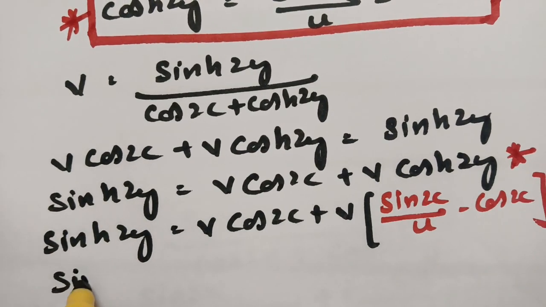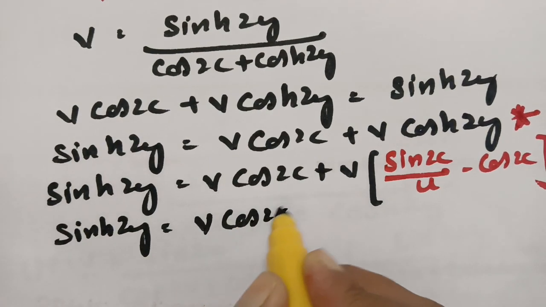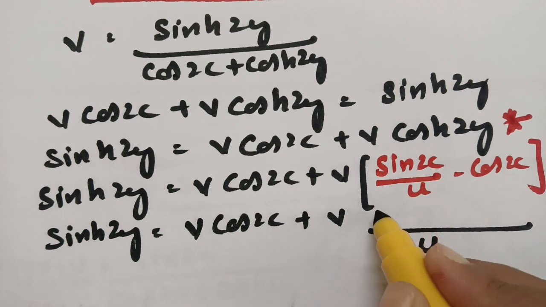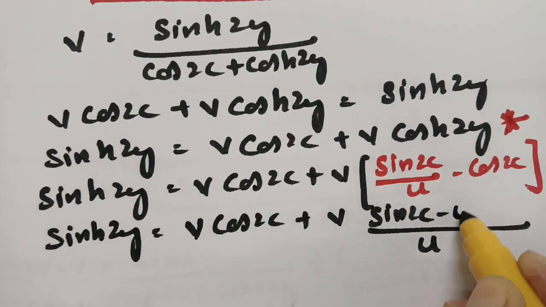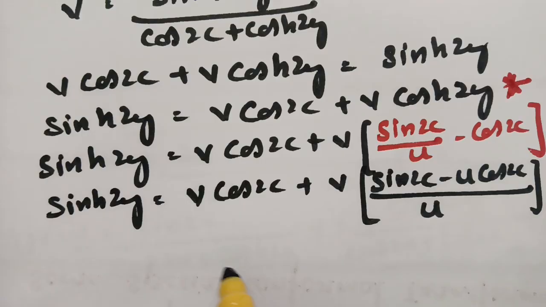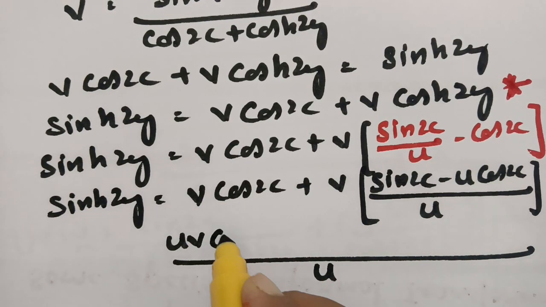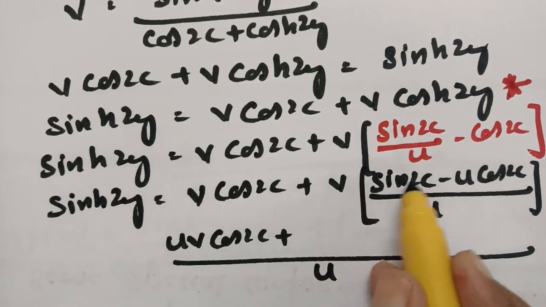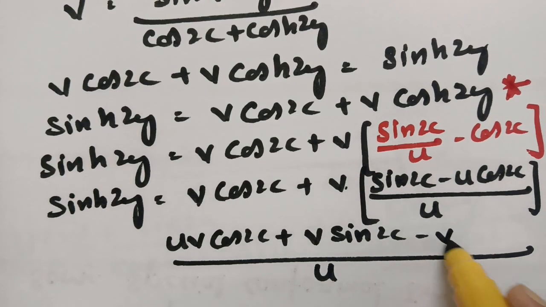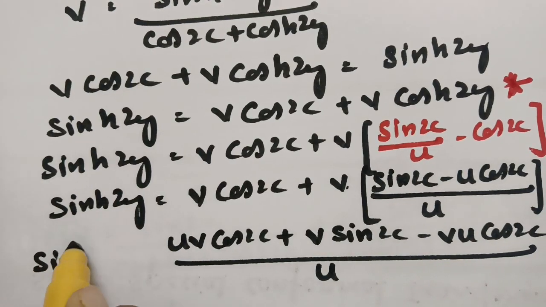Sinh 2y is equal to v cos 2c plus v times, if I take u as LCM, sin 2c minus u cos 2c. Clear? Taking u as LCM, this is uv cos 2c plus v sin 2c minus vu cos 2c. So this is sinh 2y.